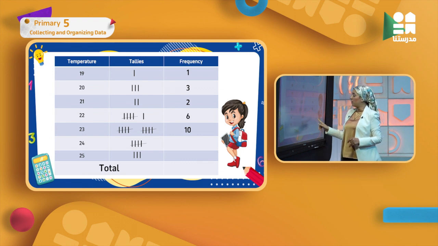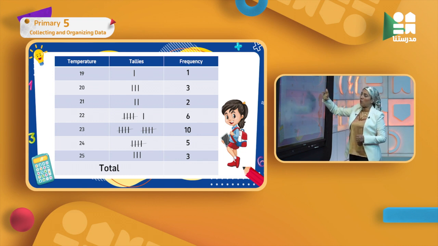Then 24, a bundle of 5 tallies, so it happened 5 times. Then 25, how many times did it happen? It happened 3 times. And I want to check if I am correct or not.